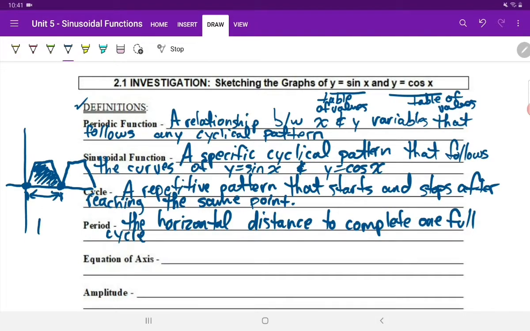So it's this right here. See that horizontal distance? That is what your period is. You take one full cycle, which is this shape inside here, and the horizontal distance of that cycle is known as your period.